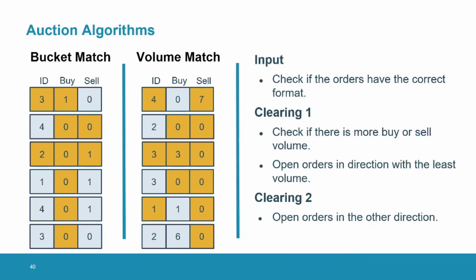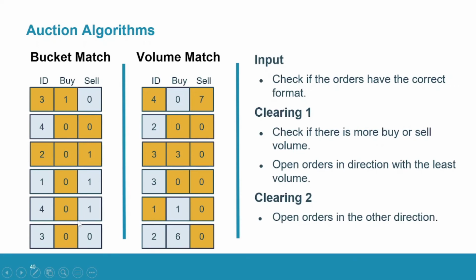So we have seen how the bucket match works, but actually you only saw the case with one list. And well, the two list case is similar. In the beginning, we just perform clearing phase 1 and clearing phase 2 in each of the lists. But then it gets a bit different if we have cross-list trading. So here in this list we have here, there's some leftover sell volume.